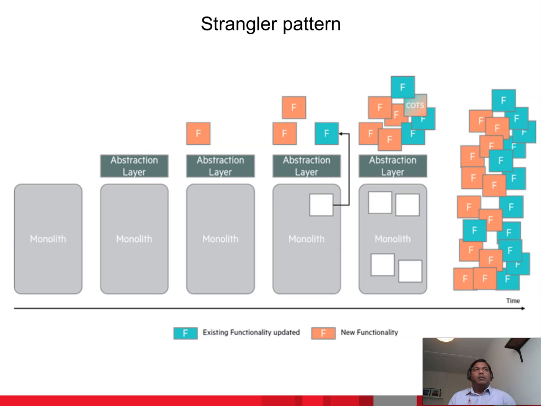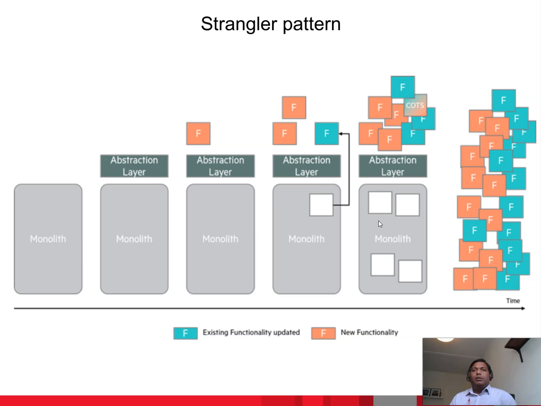To implement this picture, we will also have a complex state where our database states need to be synchronized together, because at one moment of time we will have some new functionality which has been designed into the microservice-based architecture, and we also have a monolithic application which is still running, and that's a state of coexistence. There we really need to maintain our database, and those database transitions also need to be synchronized.